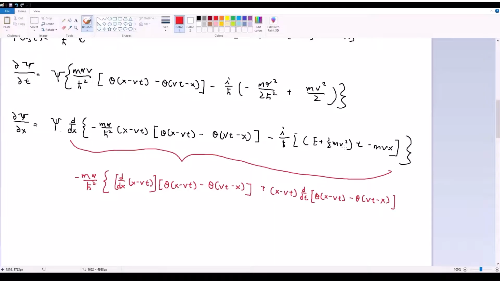And then for the second term, the only x term is at the very back here. So this is going to be plus i over h bar mv, I believe. Yeah, because there's no other x dependency.